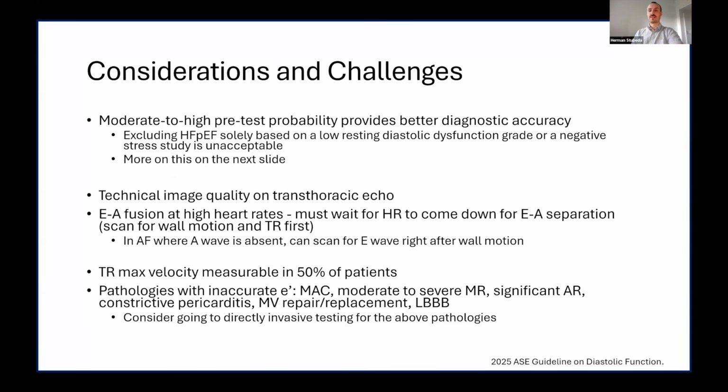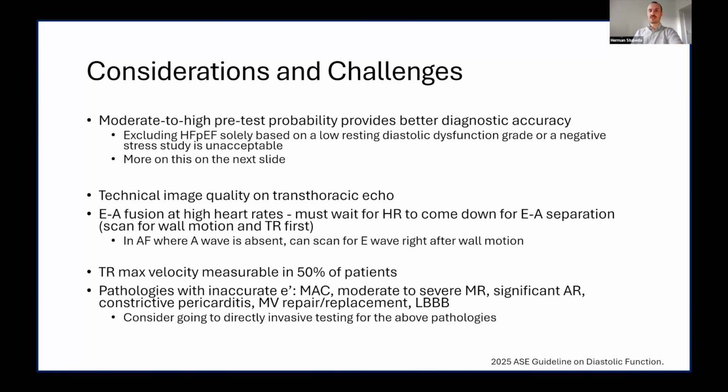So running the test without a clinical indication or out of the blue is basically unacceptable, as it can lead to false positives. Technical image quality is always the bane of echo, and we always try hard to get the best images possible, but at the end of the day, it may not always be possible to get them. So that's just something that's going to be a challenge.